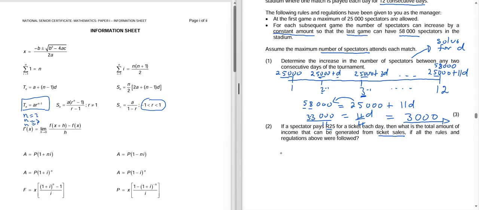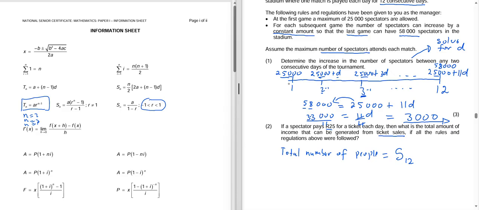So first of all, we need to get the total number of people. The total number of people that attended over the 12 days is going to be equal to what? It is going to be the sum over the 12 days, right?